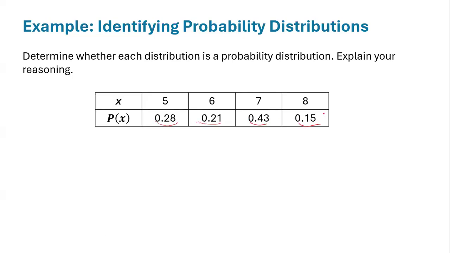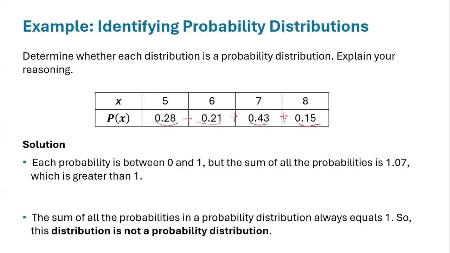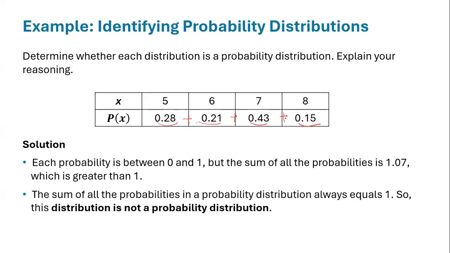And the third requirement says that if you add all these probabilities, if you add all these numbers, they must add up to 1. Are they? Let's see. If we add all these numbers, they add up to 1.07. So the answer is no. This table is not a probability distribution because they must add up to 1.